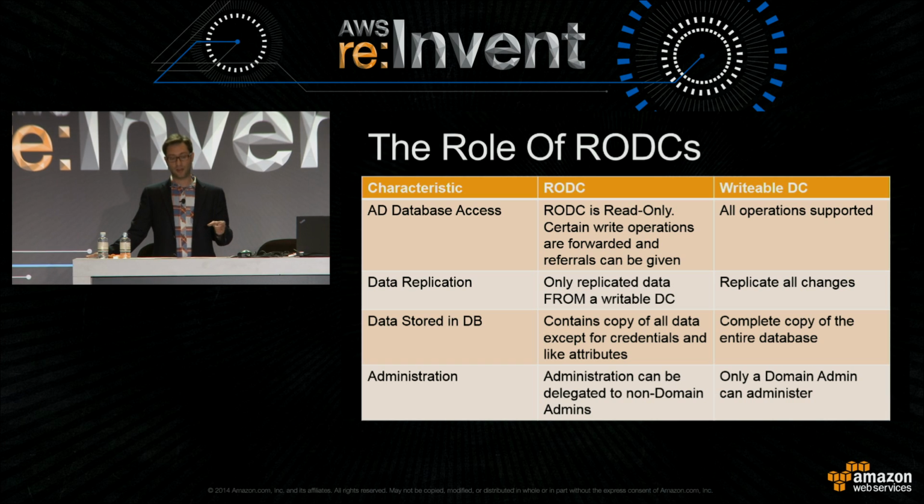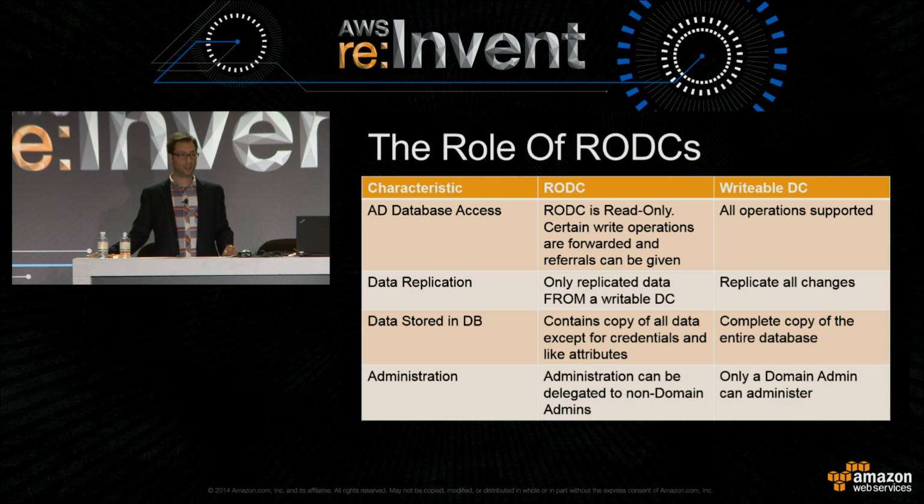The other thing that you want to think about with RODCs is what data is actually stored in the database of an RODC. It contains all of your data except for credentials and credential-like attributes. So if you're using a domain controller for authentication in the ways that we were discussing, and it happens to be an RODC, your users or your applications will never actually talk to the RODC.